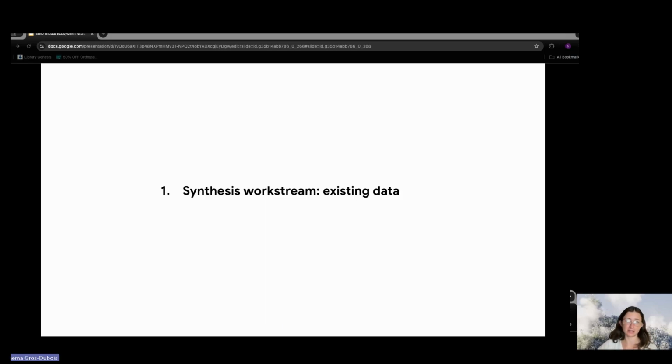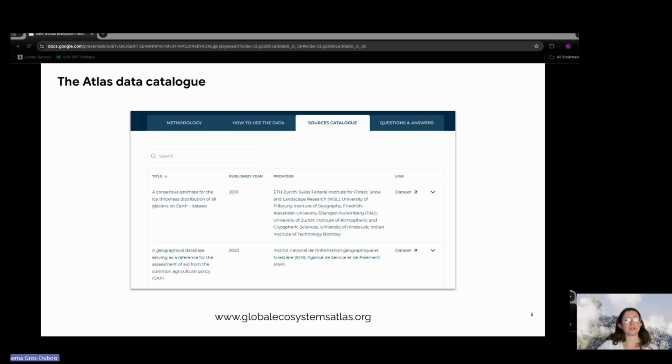So I'll take us through our synthesis workstream, where we analyze and ingest existing high-quality spatial data on ecosystems. Everything we come across in our search is entered into our data catalog, which presents consistent information on each spatial dataset on ecosystem extent to assess whether we can ingest it into our synthesis map.